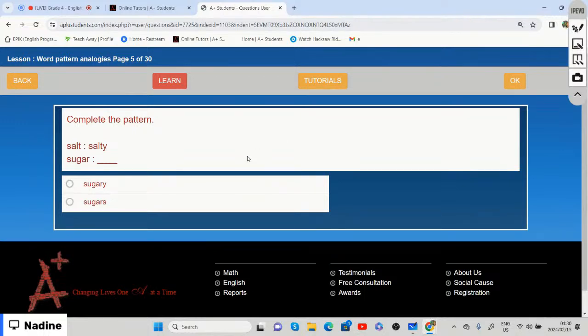All right, let's do the last one. Salt. Something is salty, meaning we threw too much salt in it. Sugar. Is it sugary or sugars?